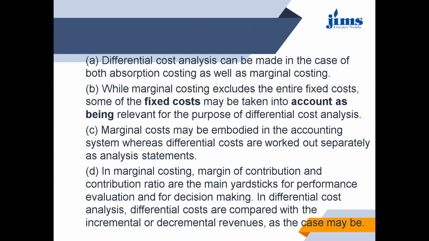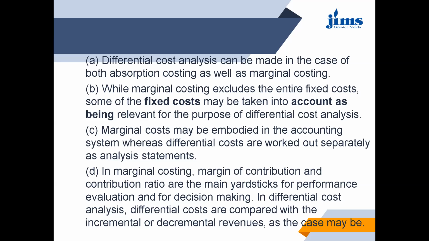Differential cost analysis can be made in case of both absorption costing as well as marginal costing, while marginal costing excludes the entire fixed cost. Some fixed costs may be taken into account as being relevant for the purpose of differential cost analysis.